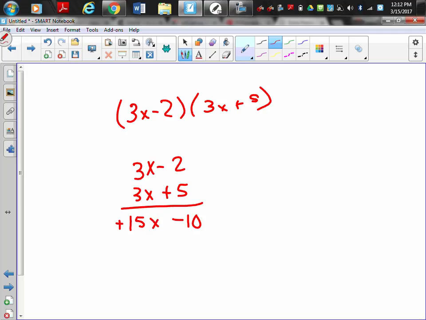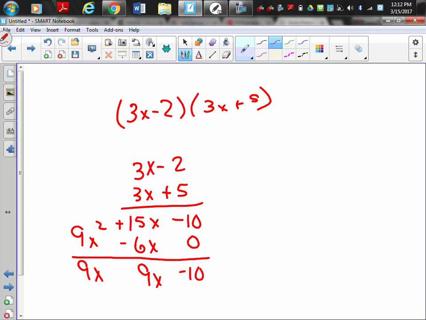Now nothing is here, so we bring down a 0. 3 times negative 2 is negative 6x. 3 times 3 is 9. X times x, x squared. And then add it. So negative 10, 15 minus 6 is 9x, 9 plus 0 is 9x squared.